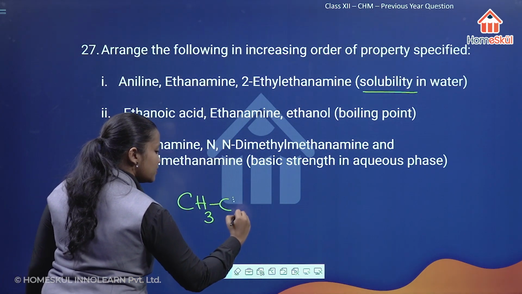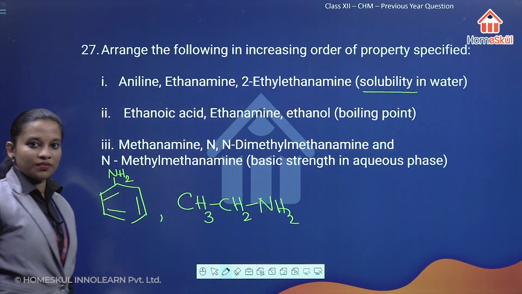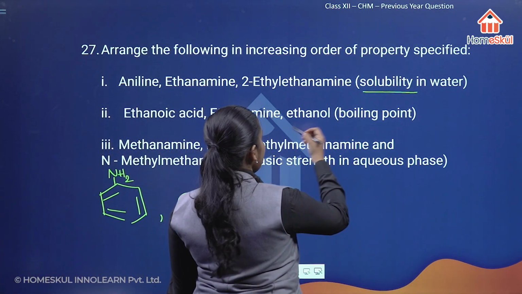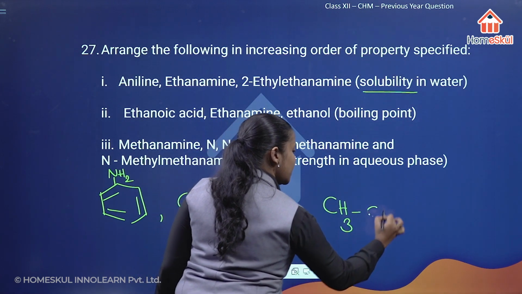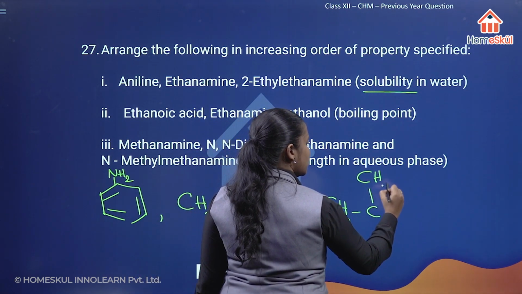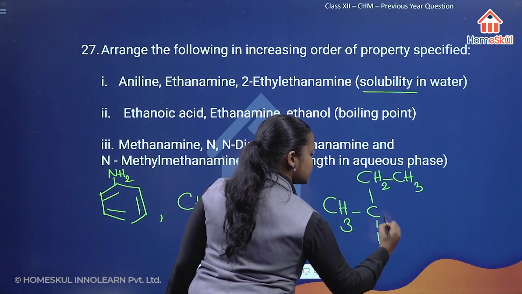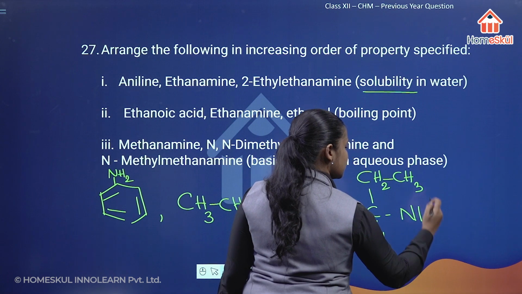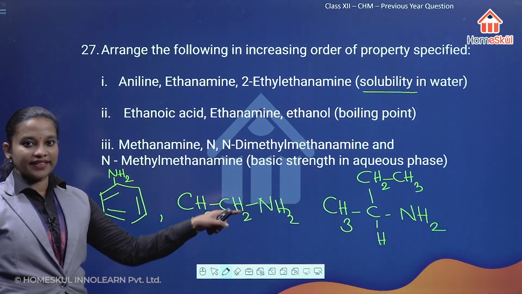CH3CH2NH2, which is ethanamine. And N-ethyl ethanamine, CH3CH2, CH3CH2, NH.